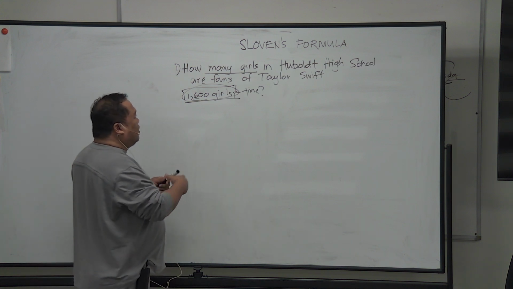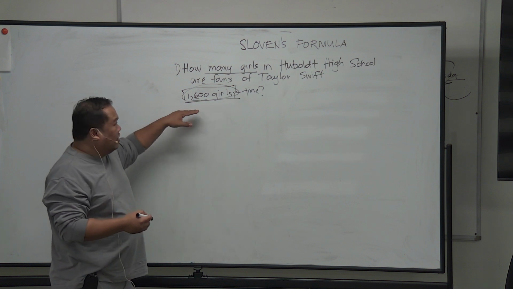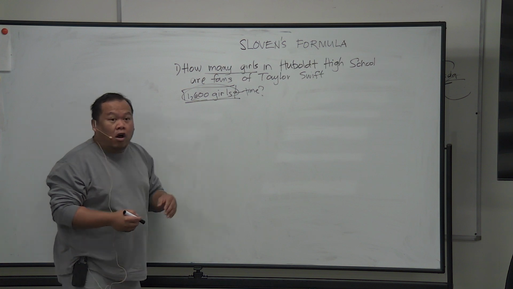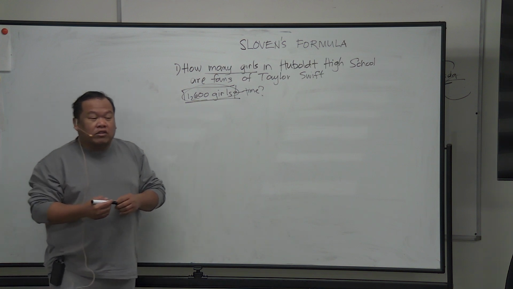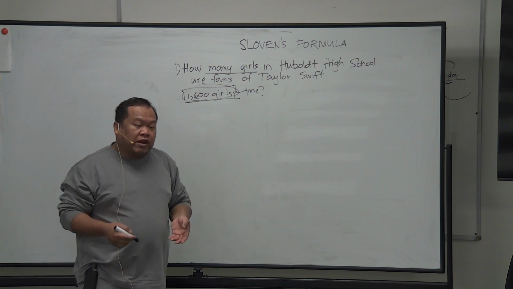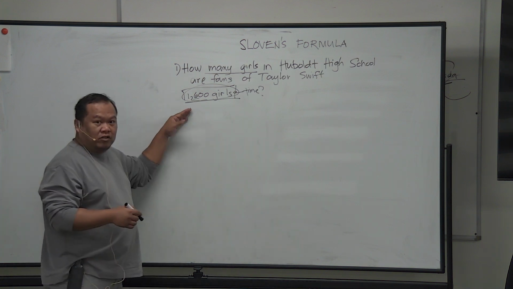So you are just going to get a sample population from the 1,600. You're not going to interview all 1,600, distribute 1,600 questionnaires, or interpret and check the responses of 1,600 girls.